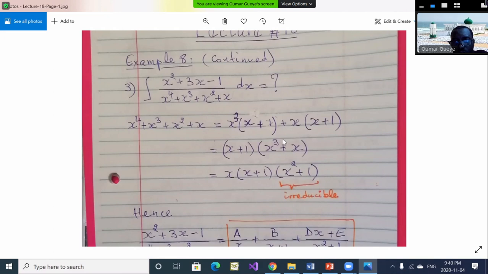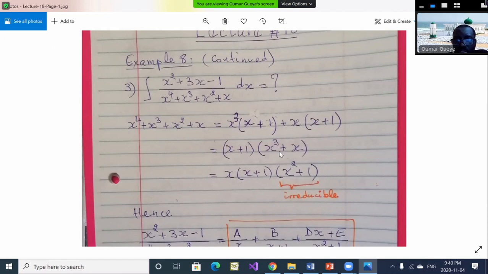We need to factorize again, because in the first step the partial fractions decomposition says you factorize the denominator until you get linear factors and irreducible quadratic factors. So this is not linear, it's a cubic factor. That's why I'm going to take x out from the second bracket. If you take one x out, it becomes only x squared plus 1.